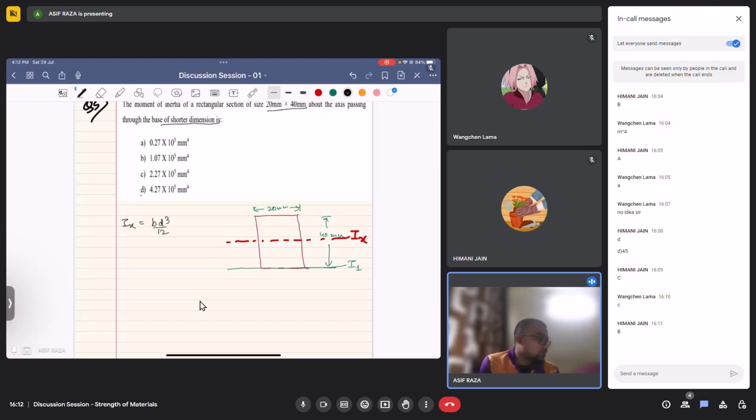If you know the formula of moment of inertia of a rectangle, it's BD cube by 12, where B is this and D is the depth. So substituting those values, we will have 20 into 40 cube by 12 mm4.